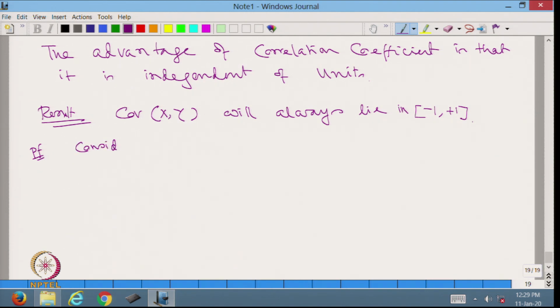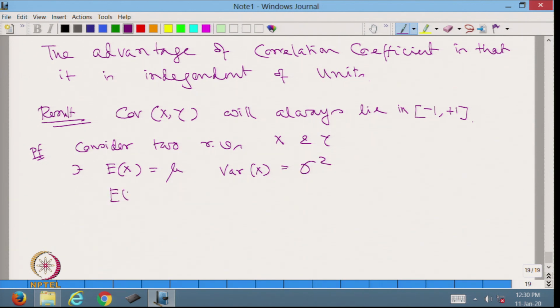Consider two variables x and y such that expected value of x is equal to mu, variance of x is equal to sigma square, and expected value of y is equal to m and variance of y is equal to s square.